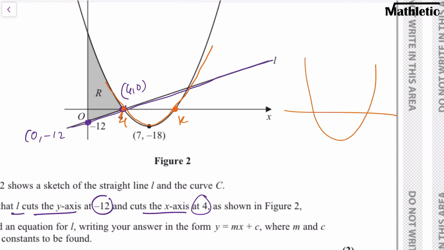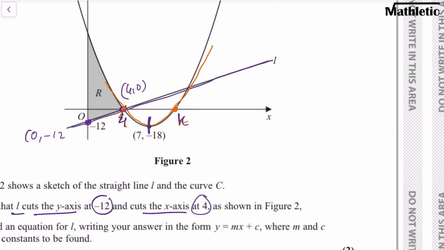We know that a quadratic curve is a symmetrical U-shaped curve, and the minimum point is at the middle. If you take the average of these 2 points, then you will get the x coordinate of the minimum point. This is 4 and this is k.